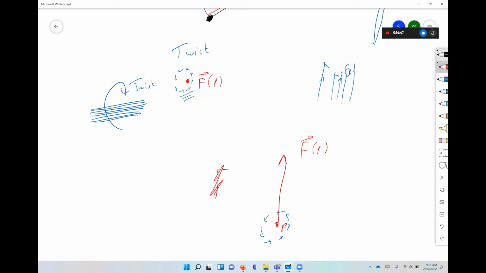If the field that is to the right of FP is going to be increased a little bit, see, the arrow is pointing that way. So the field is going to be increased a little bit. And then on the other side of FP, the field is going to be decreased a little bit because the arrow is going in the opposite direction.